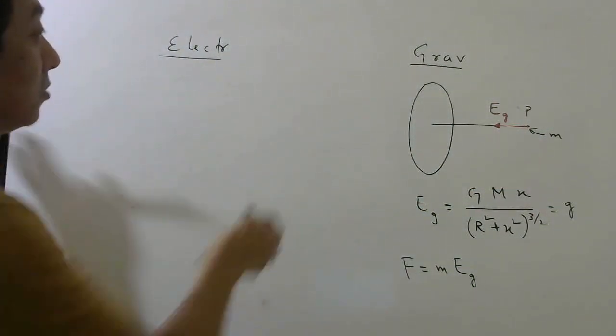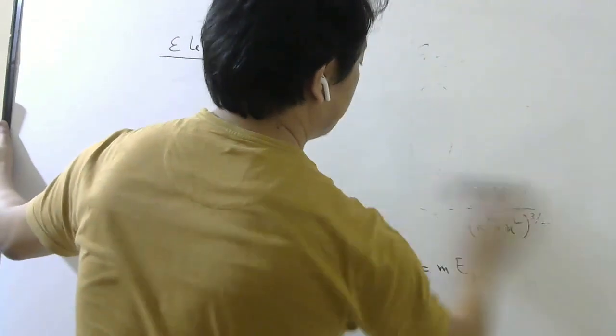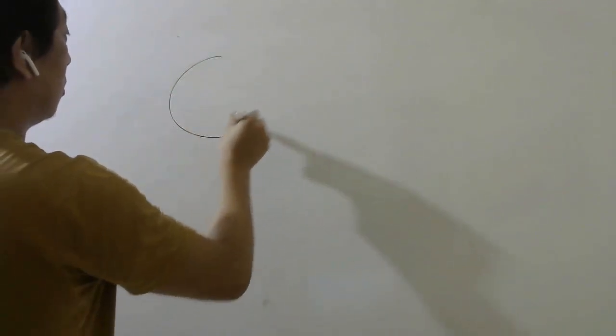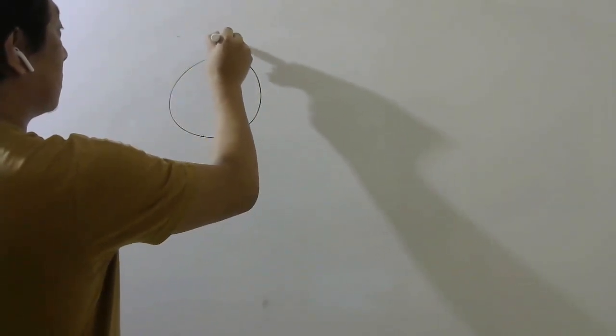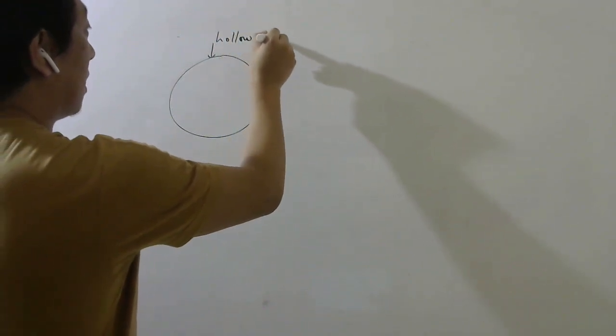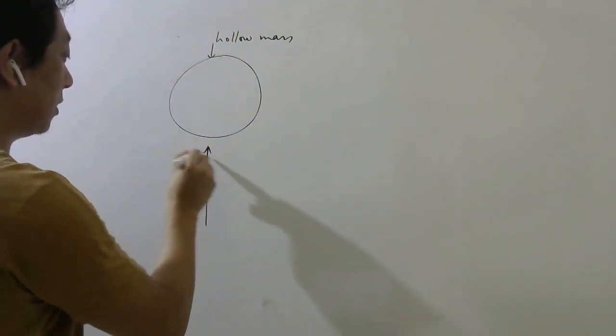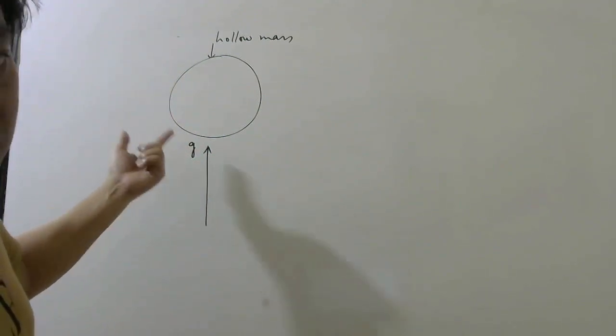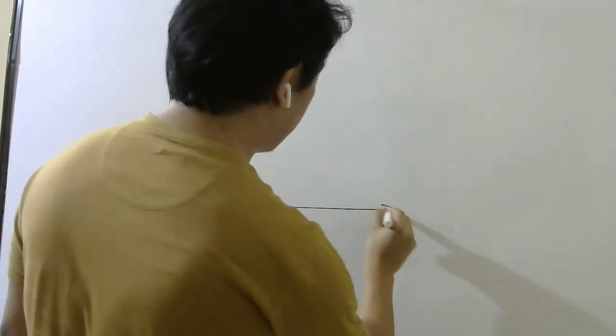So if I ask you to draw some diagrams now, for example, if I give you a hollow mass, and I ask you to plot the gravitational field, which is G, or you can write EG, versus distance from the center.